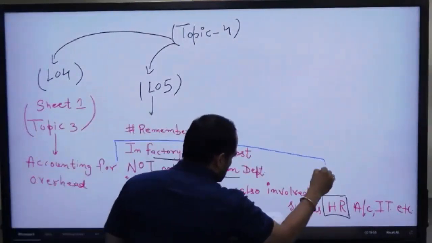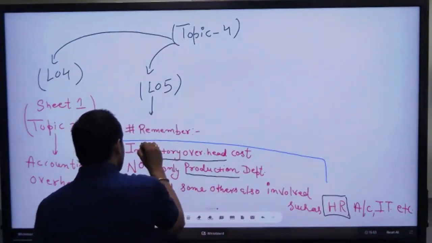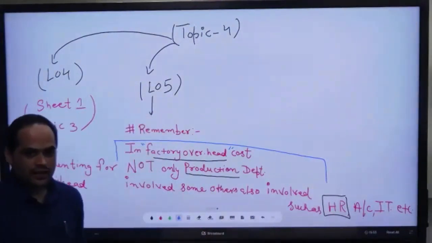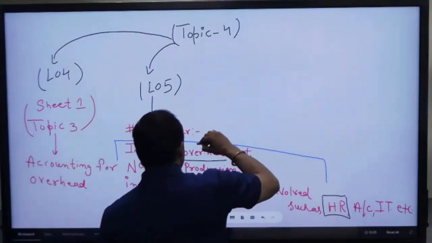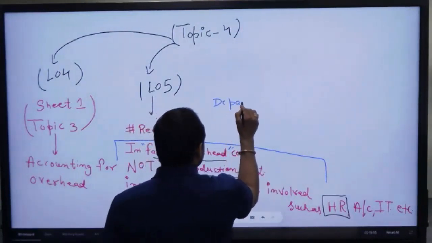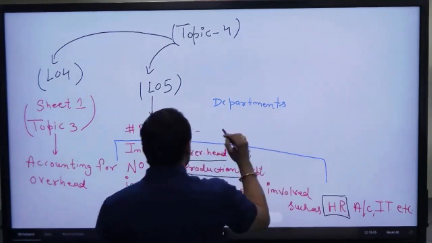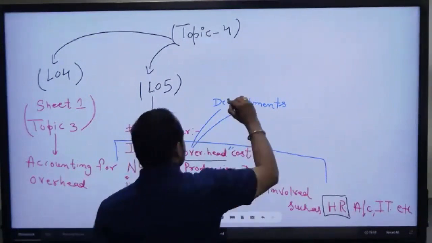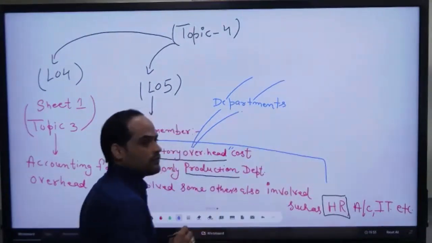So the conclusion is, in this factory overheads, we have two departments involved, right? Two departments involved.